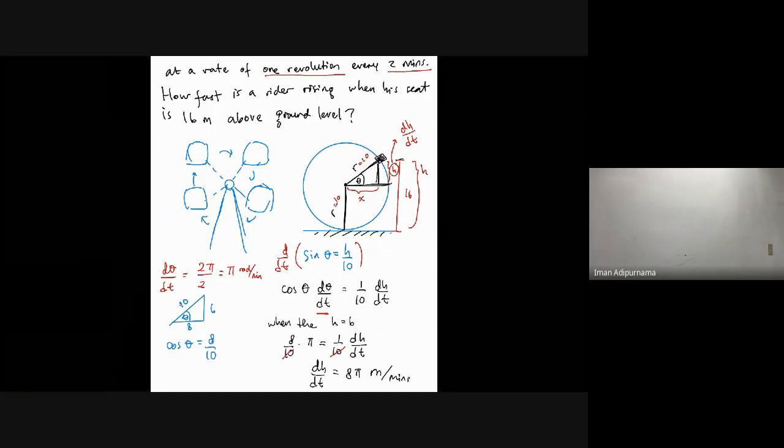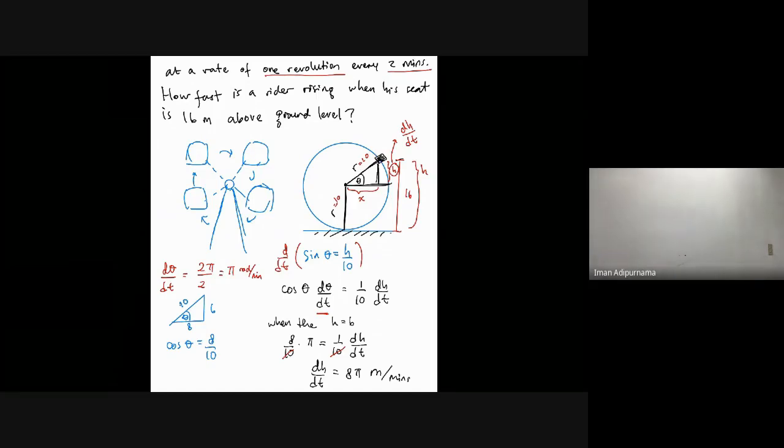Okay, you define this as h. So you need to find this derivative, the rate of change of this height. Okay, you find these relations. Then you need to plug in the information, plug in all, from the first one it is radians per minute. You get it from the questions.